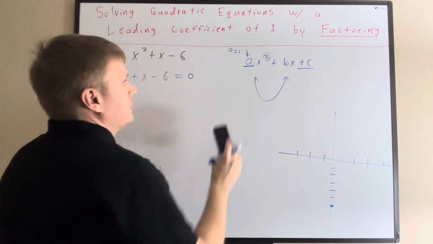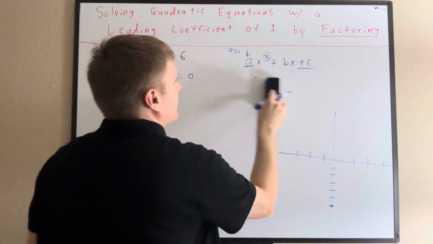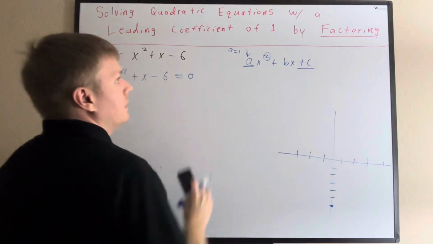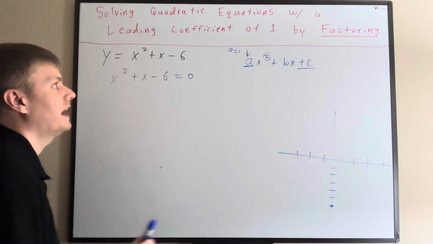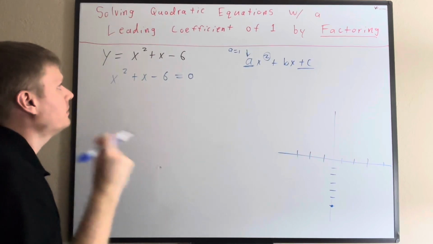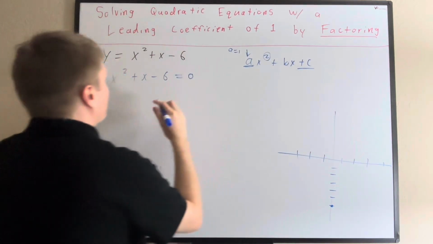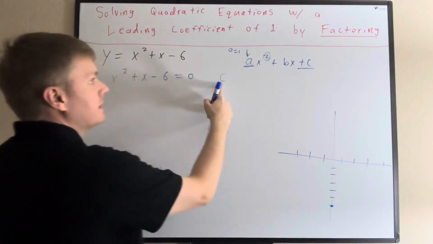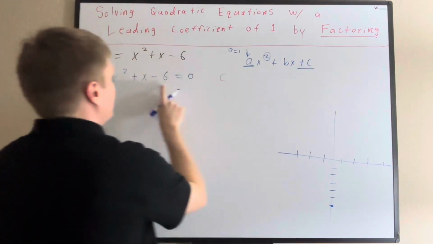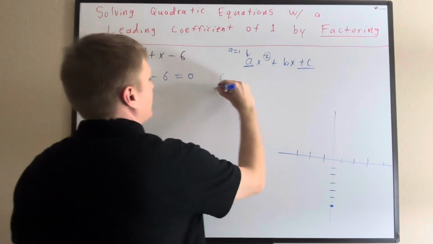So, what do we do now? Well, there's a special way to go about this. And it can be complicated for some people, but once you get it down, once you practice it enough, it'll come to you like that. So, what we want is to list the factors of c. What is c in this problem? It is negative 6.